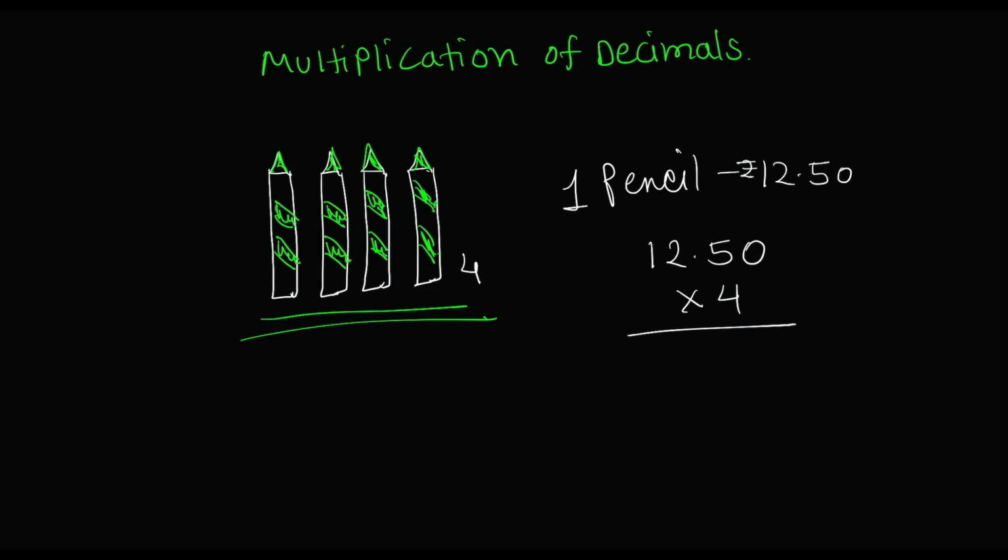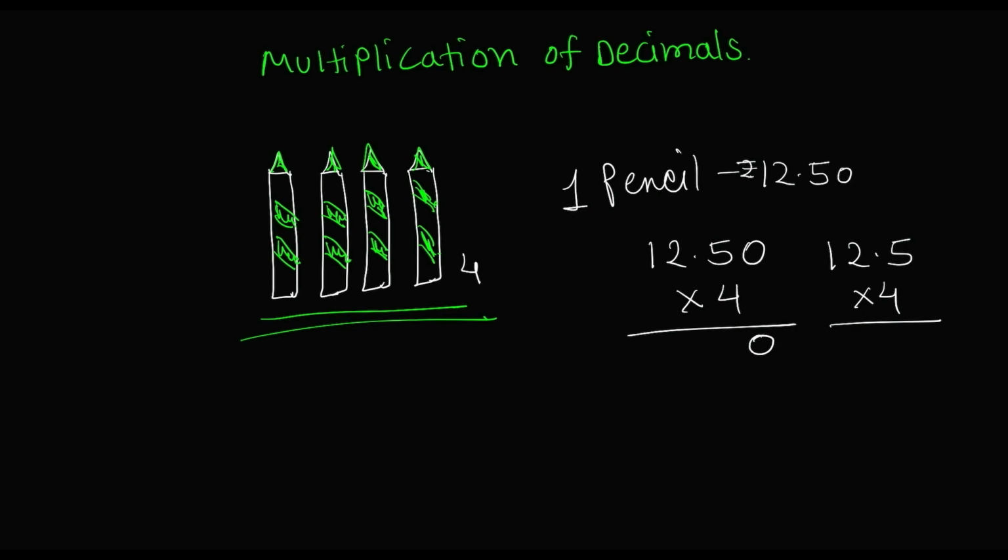And as you already know, a zero after the decimal at the end means nothing. So we can also write 12.5, which is also correct, into 4.